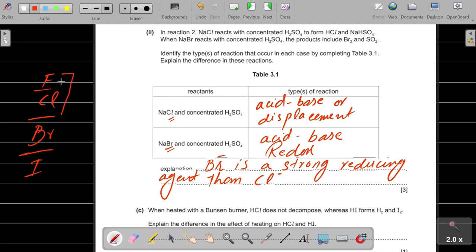Fluorine is the strongest oxidizing agent, then chlorine, then bromine. It is decreasing. Down the group, oxidation ability decreases. But the lower ones are strong reducing agents. Understand? The upper ones are strong oxidizing and weak reducing agents, and the lower ones are weak oxidizing and strong reducing agents. Understand?